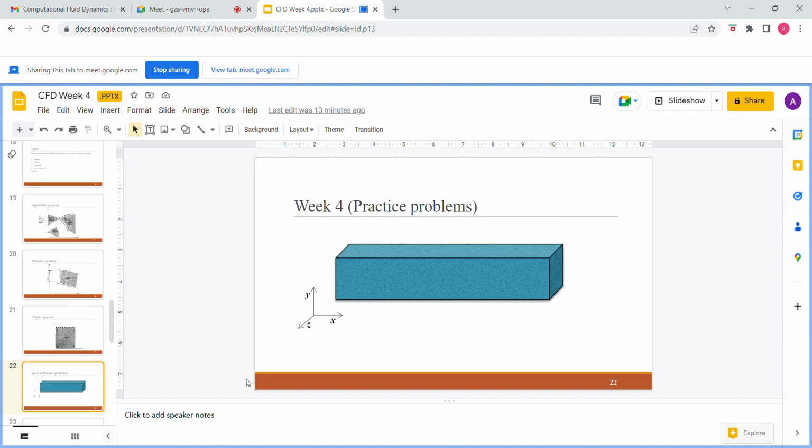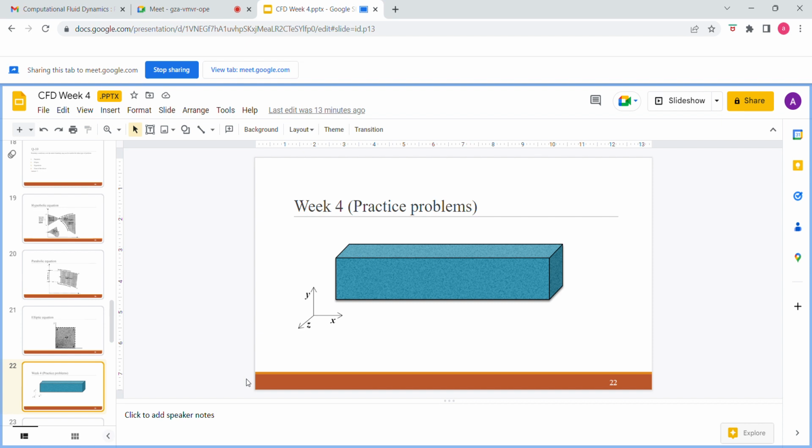And also we saw the elliptic, hyperbolic and parabolic equations, their region of influence and region of dependence, and how the boundary conditions should be chosen for different equations.